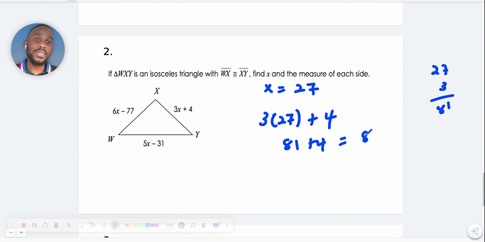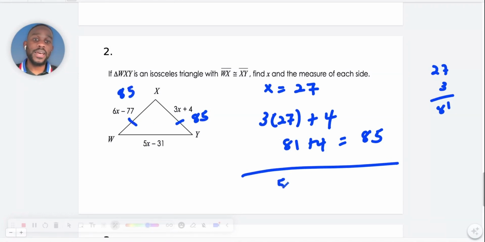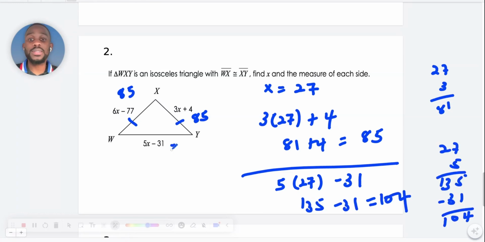So this is 85. All right, so meaning if this side here is 85, this side here has to be 85. What about this side? So the other side will be 5 into 27 minus 31. So that side is 104. Mind you guys, when you reach this point, just put it in your calculator and you'll be able to get that. Finally, let's look at the last problem.